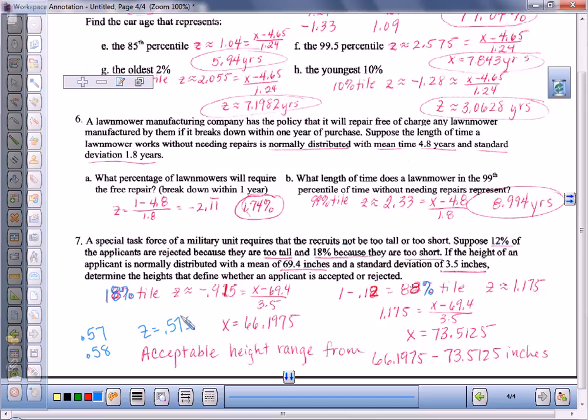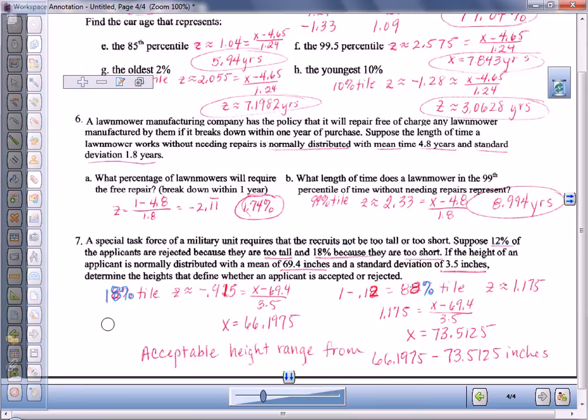But once again, that's where having your work there and me being able to see what you did matters. Right, you want whatever's closest to it. Okay. Alright, any more questions about this?